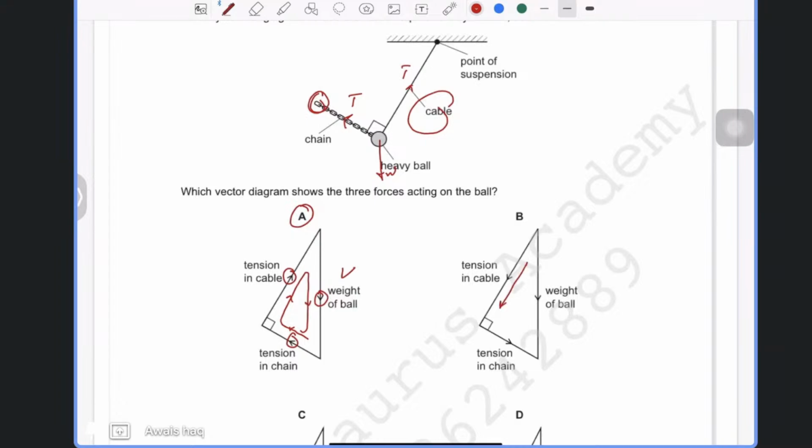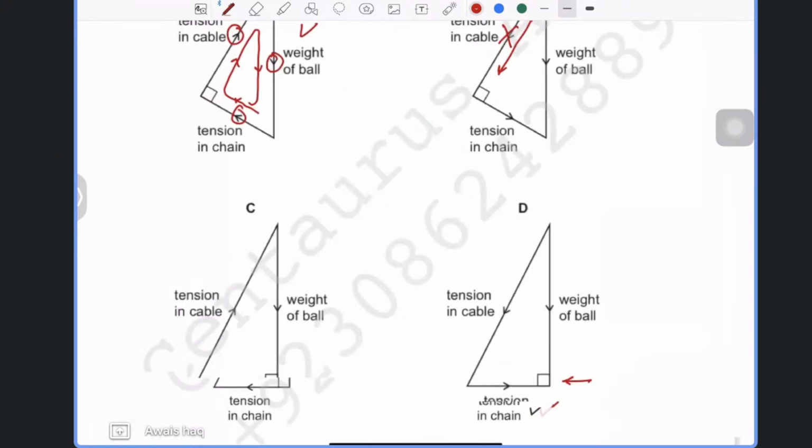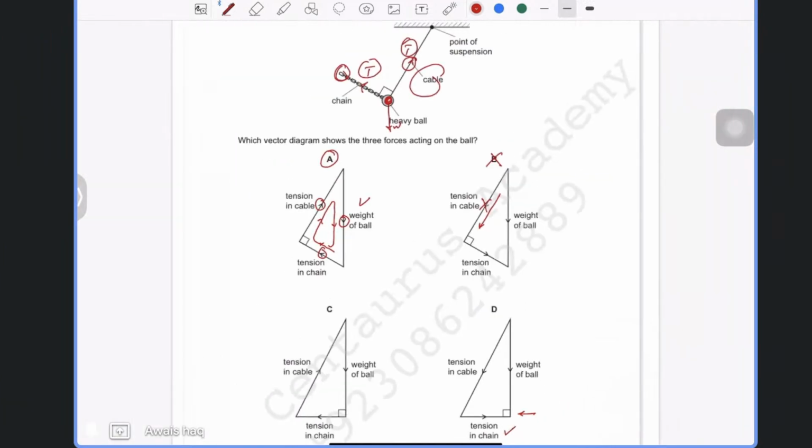Tension is a pulling force, so it means this object is being pulled by these two forces. So pulling means away from it. You can't have opposite tension, so that is wrong. And then these are absolutely wrong, because none of the forces are horizontal, right? So these forces cannot exist, so these are wrong. Do you guys understand that?